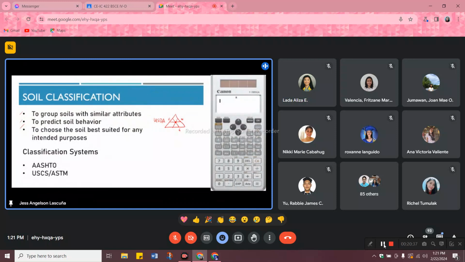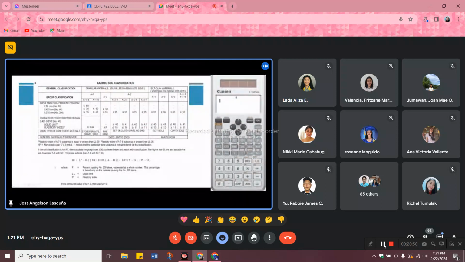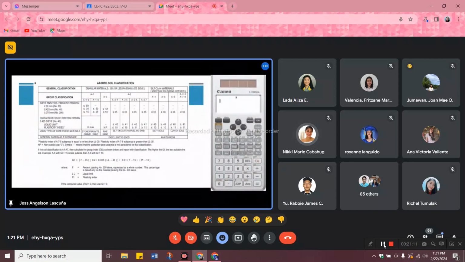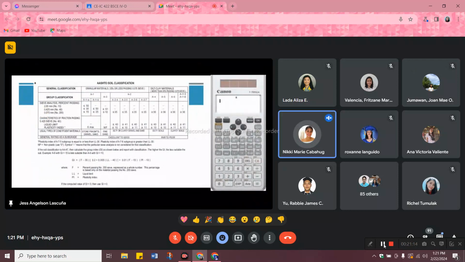So, unsa man ni AASHTO nga classification system, mo ni ang iyang table guys. Get ready. 5, 4, 3, 2, 1. So man ni ato ang soil classification nga table sa AASHTO. Karaghan ba ni? Pwede ra sad. Bring tables, sir. Hatag ang table.